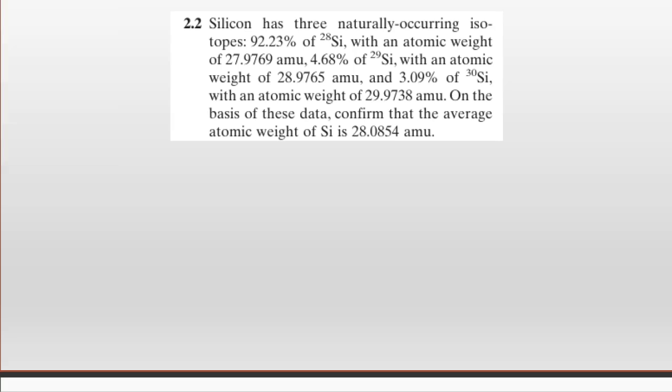In order to solve this problem, we're going to create a weighted sum. So let's make a table of the relative atomic mass, which is given by the symbol A_r, with a degree symbol and with the element in the bracket. So that's the relative atomic mass of silicon.